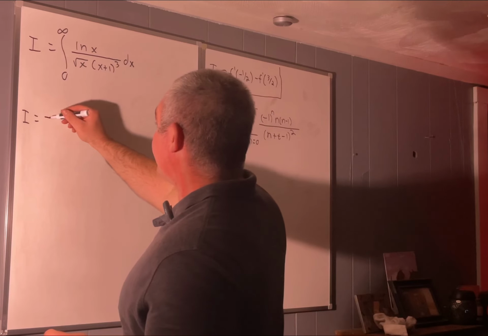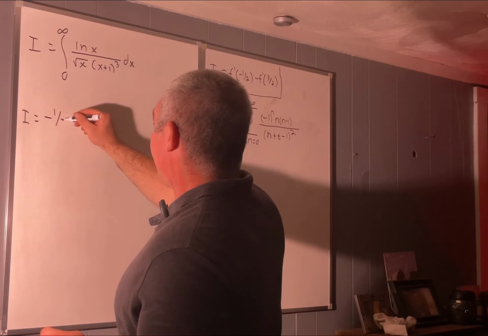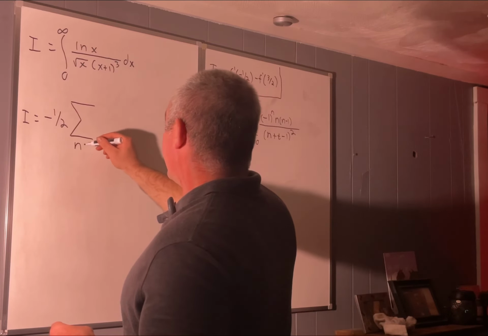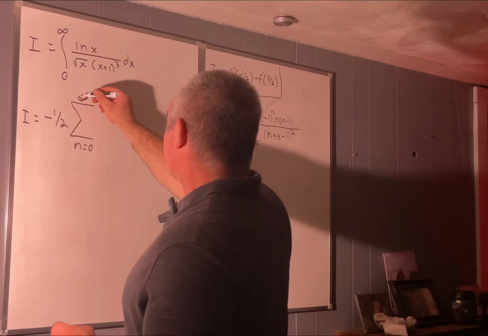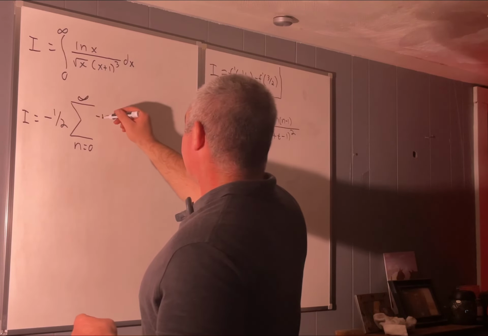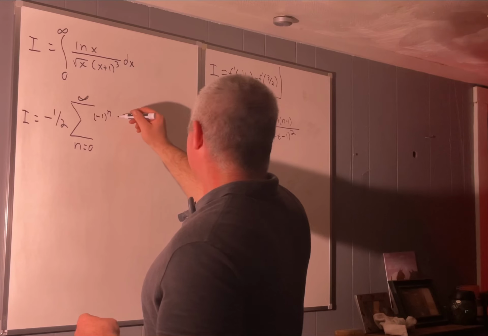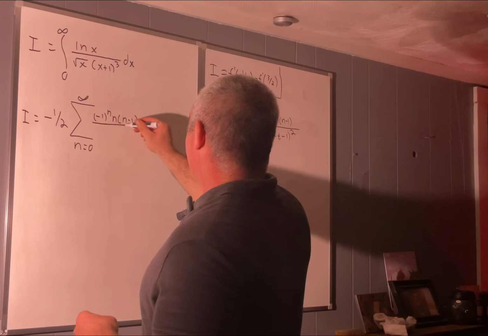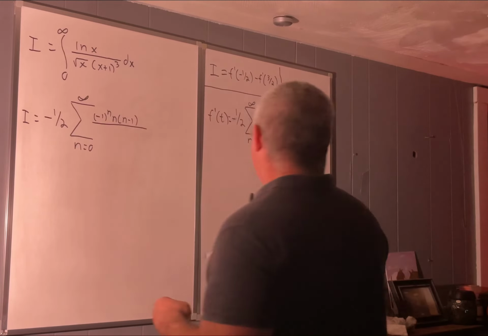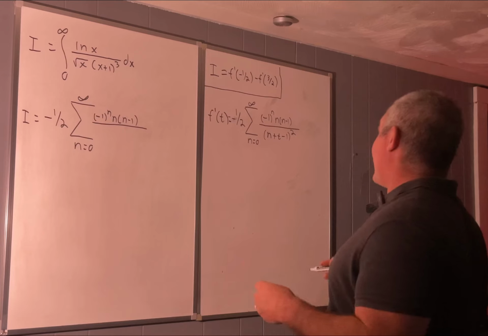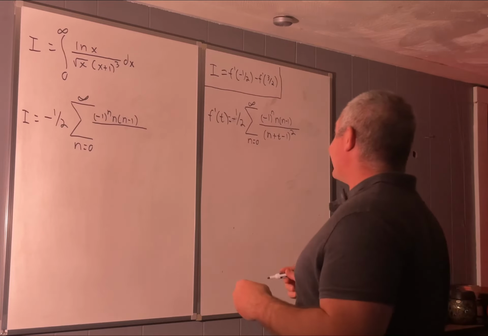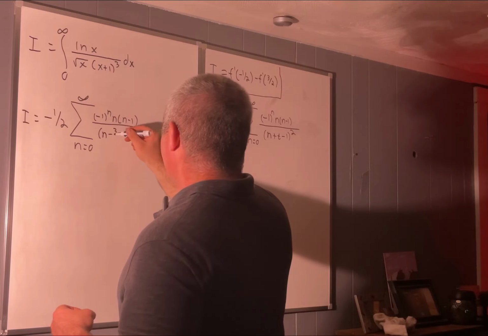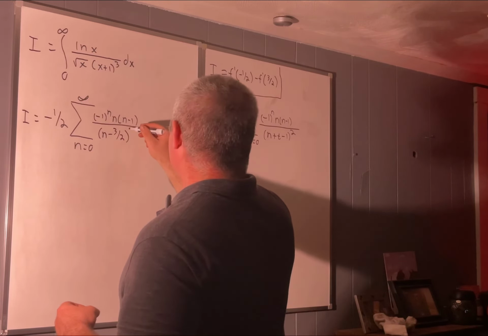So we're going to have negative 1 half the sum from n equals 0 to infinity of negative 1 to the n times n minus 1 all over n plus negative 1 half minus 1, which is n minus 3 halves, n minus 3 halves squared.